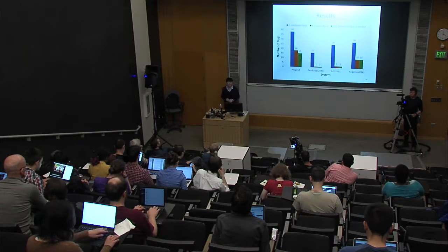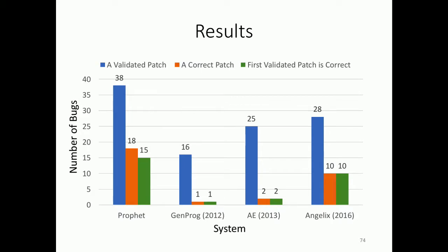GenProg and AE are previous work using stochastic search, namely genetic algorithm, to find validated patches. And they use the standard perspective that I talked about before. So they suffer from both the search space and the patch prioritization order. And as you can see, although they can generate many patches that pass test cases, most of them are actually incorrect, and they generate very few correct patches.